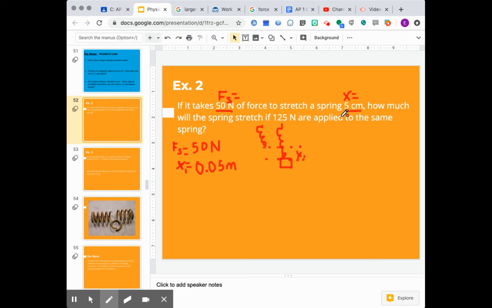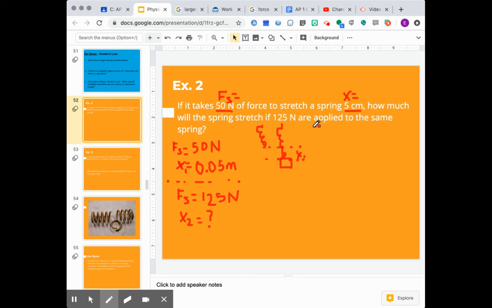We know that force and displacement are proportional. So we know that x2 is going to be larger than x1, but we need to determine how much larger. So when the restoring force is 125 newtons, we need to figure out x2, question mark.